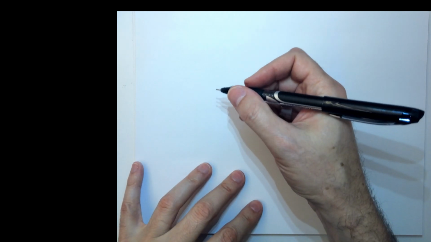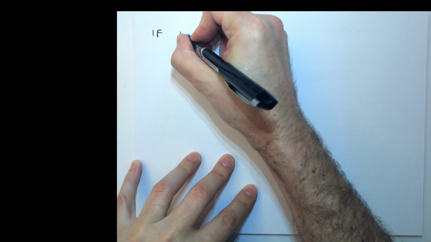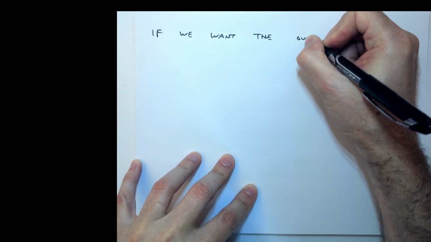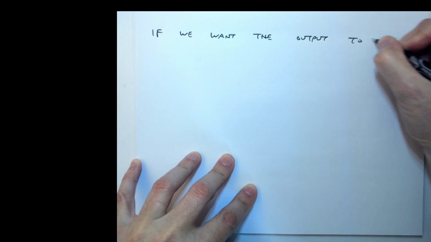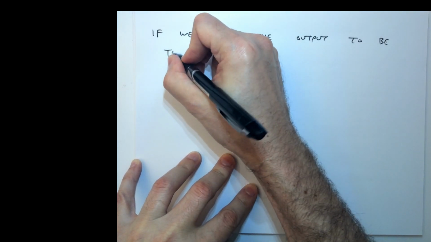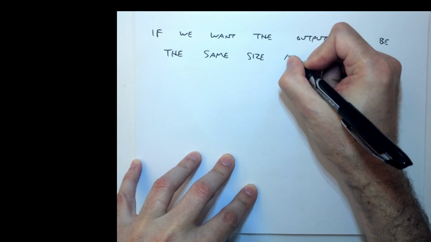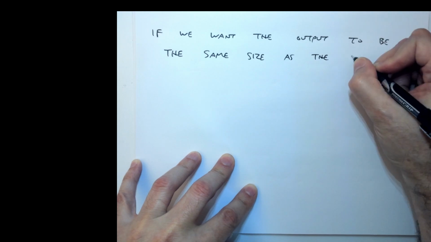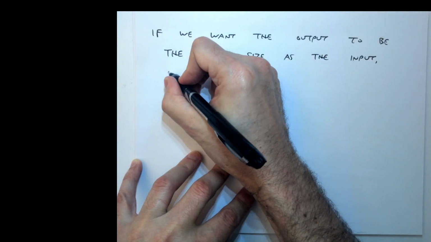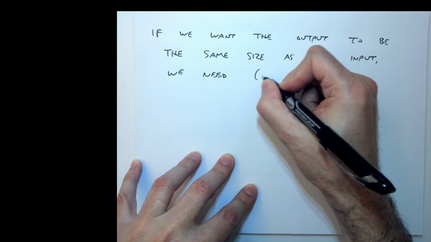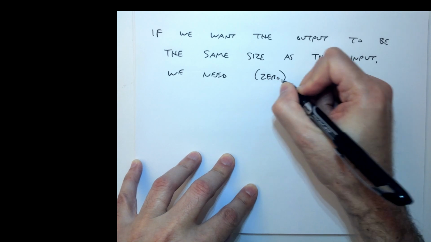So if we want the output to be the same size as the input, we need what's called padding or zero padding.